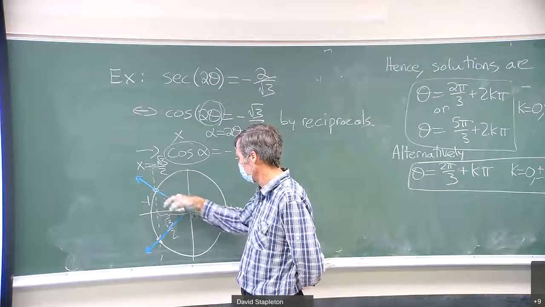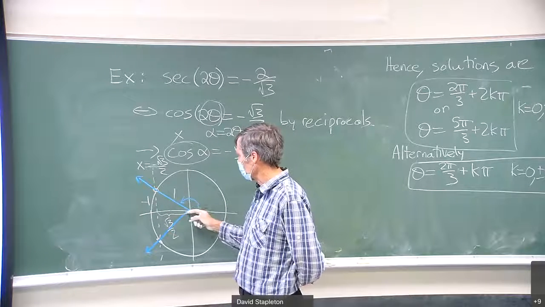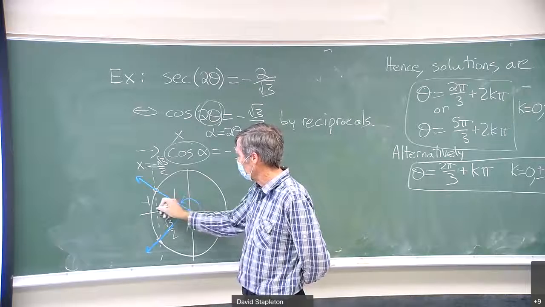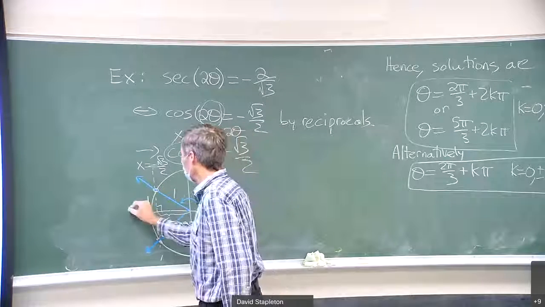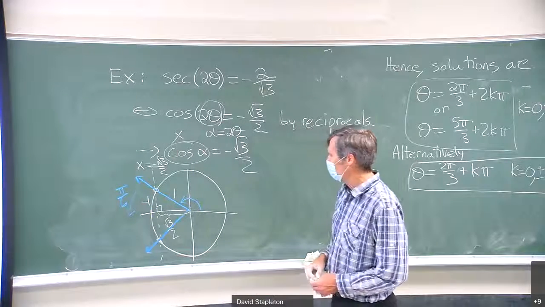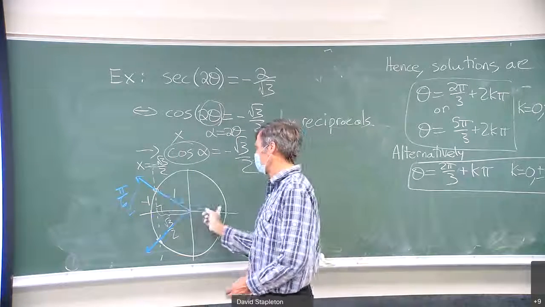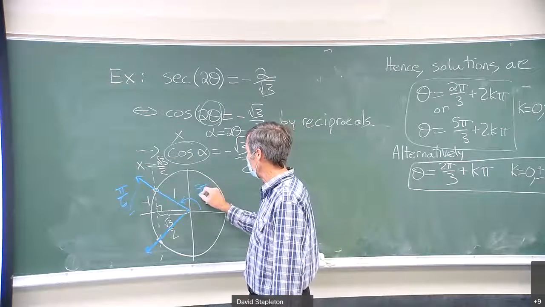Lengths are non-negative. Now, if this is 1 because it's a unit circle, this must be a half. It's a 30, 60, 90 triangle. This angle over here is in fact pi over 6, we observe. That's pi over 6. Then from the other example, pi back up pi over 6, this must be 5 pi over 6, right?